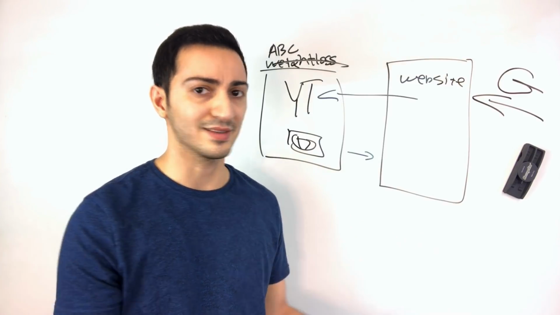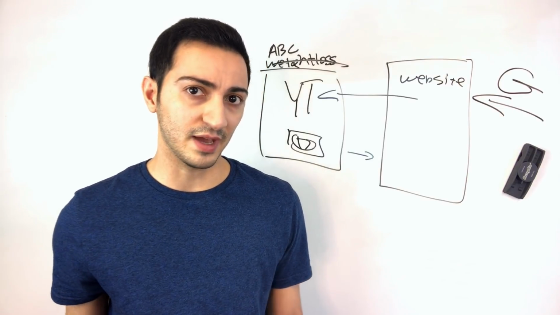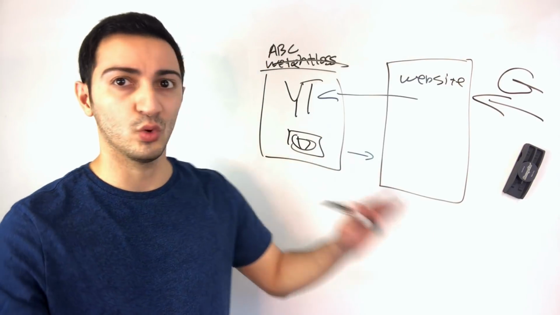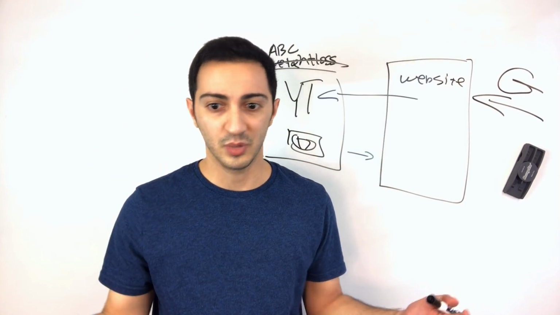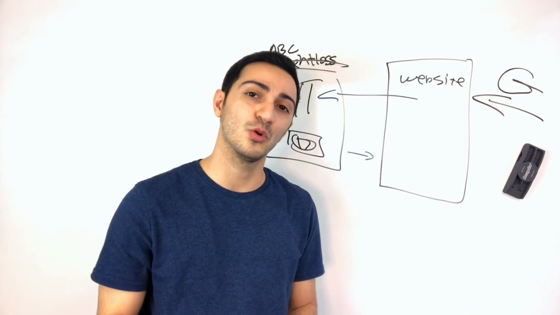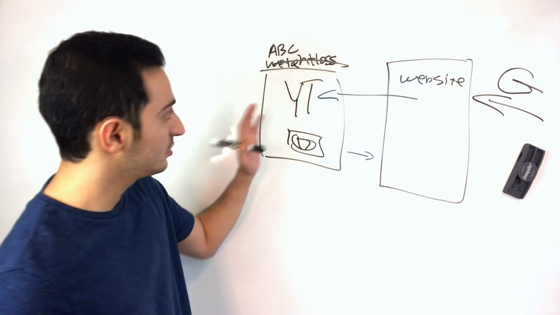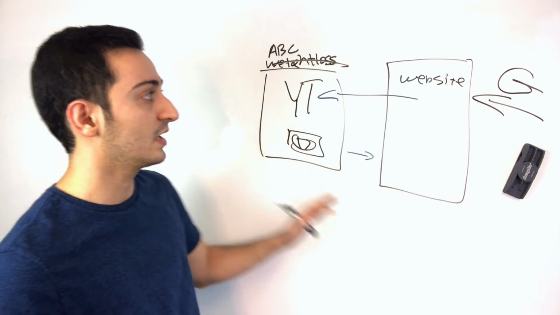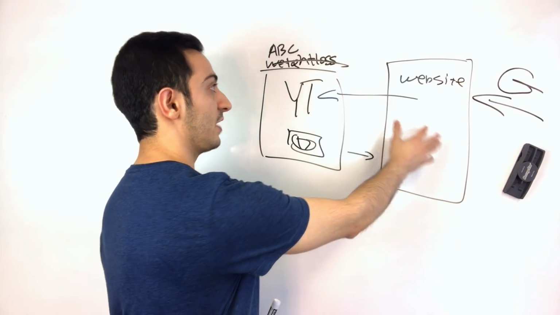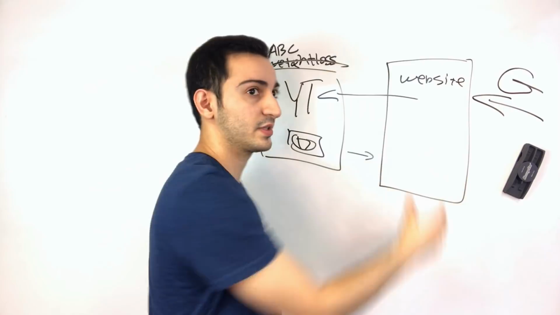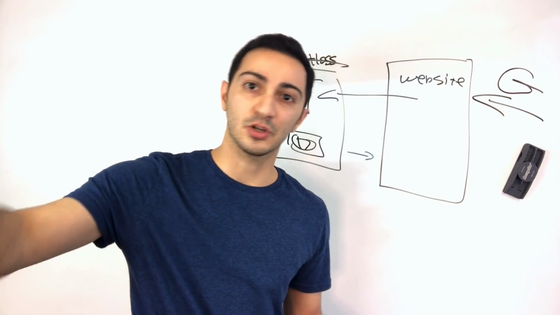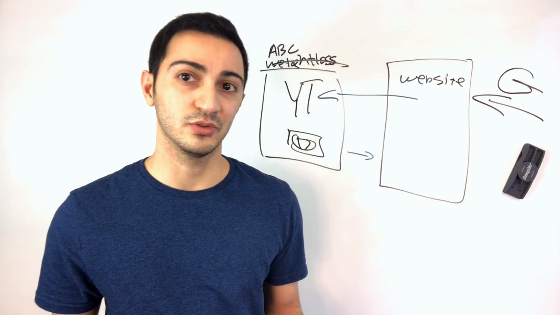You're not just trying to make a sale, you're trying to provide value, and that's what you do when you have a network of promotion sites. You have this YouTube channel that helps you get traffic, and you have this website, and you send traffic from your website to your YouTube channel, or from your YouTube channel to your website. You build a circle, and this is going to help you establish trust.